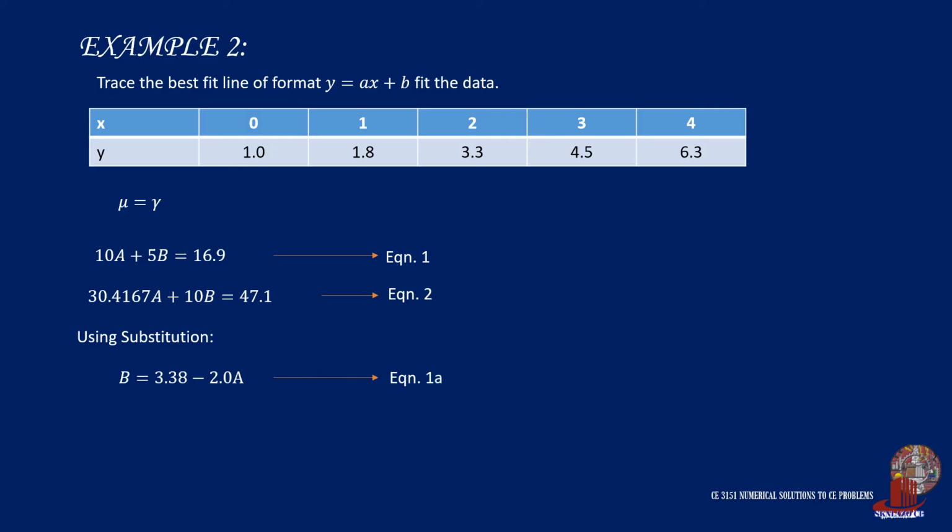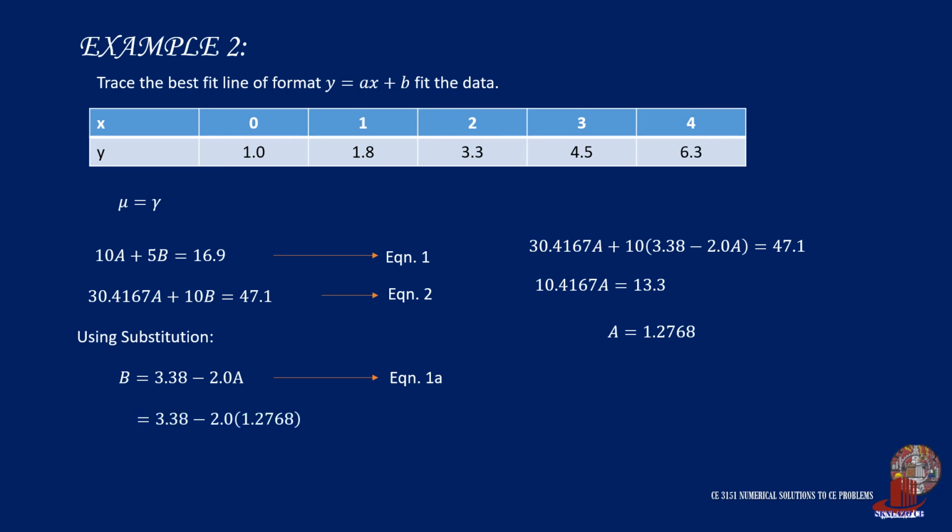That would be 3.38 less 2a. Denote this as equation 1a. By plugging equation 1a into equation 2, a is found to be 1.2768. Use this value in equation 1a, making it 3.38 minus 2 of 1.2768, so b is computed as 0.8264.